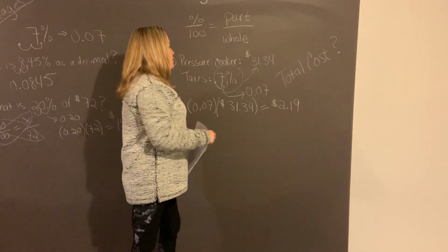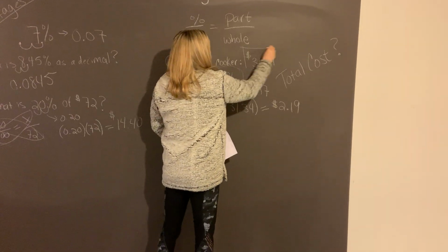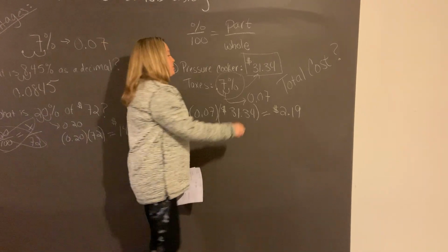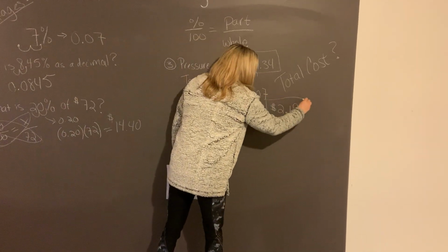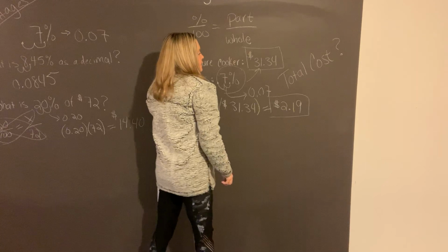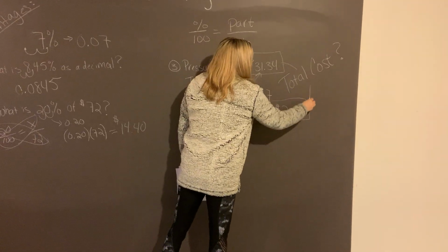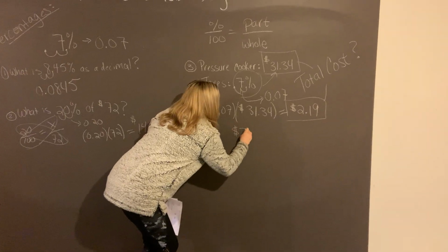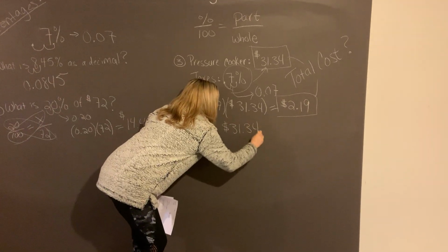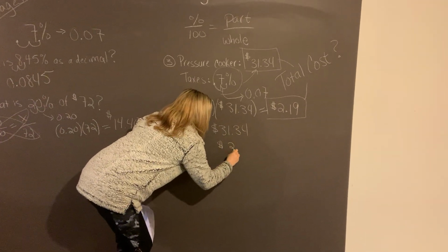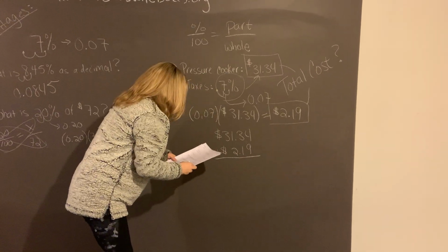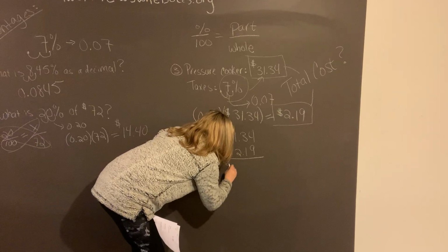So we have our original price of our pressure cooker, plus what we have to pay in taxes, and we put those together to get our total cost, okay? So I took my price of my pressure cooker, plus my taxes, I added them together to get my total cost of $33.50.